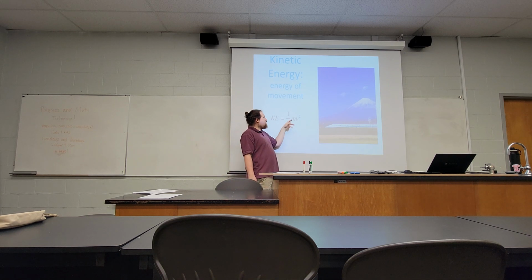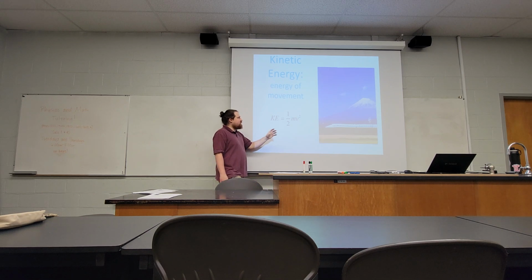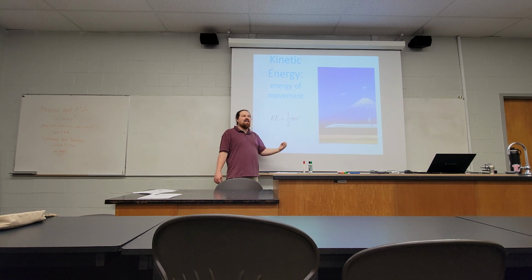But if you take two objects of the same mass and double one of their velocities, you would quadruple its energy requirement. So 2 squared would be 4 instead of 2. So what this means is the faster something goes, the exponentially more energy is needed to get it to go at that speed and to keep it at that speed. Going fast takes exponentially more energy.